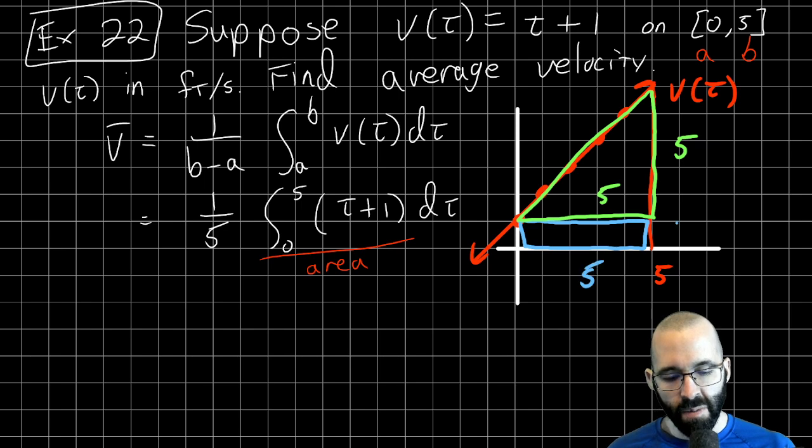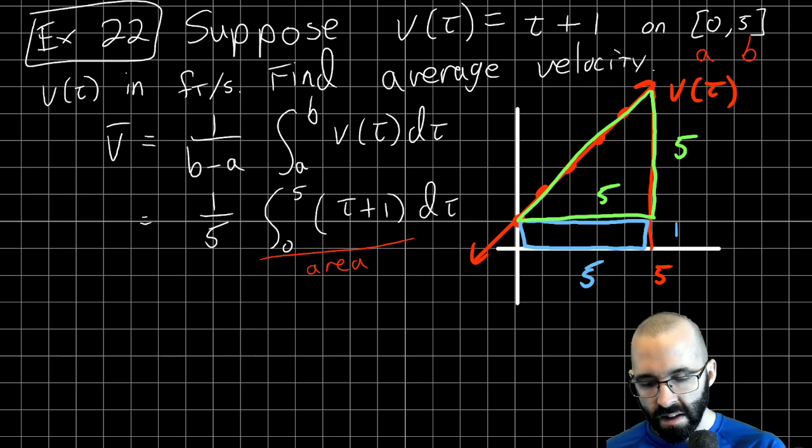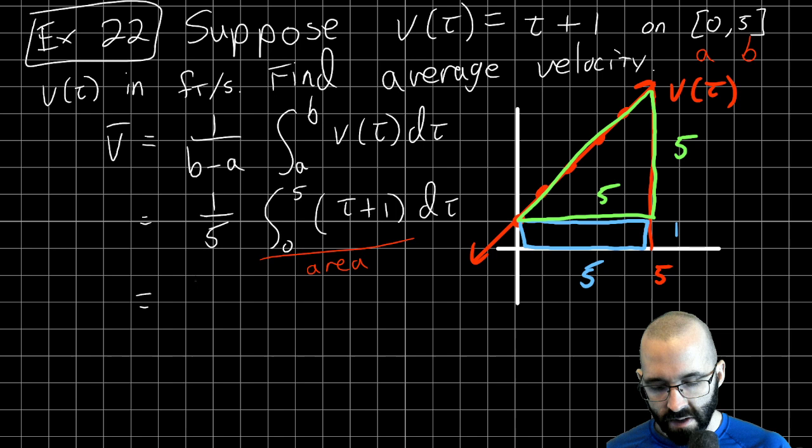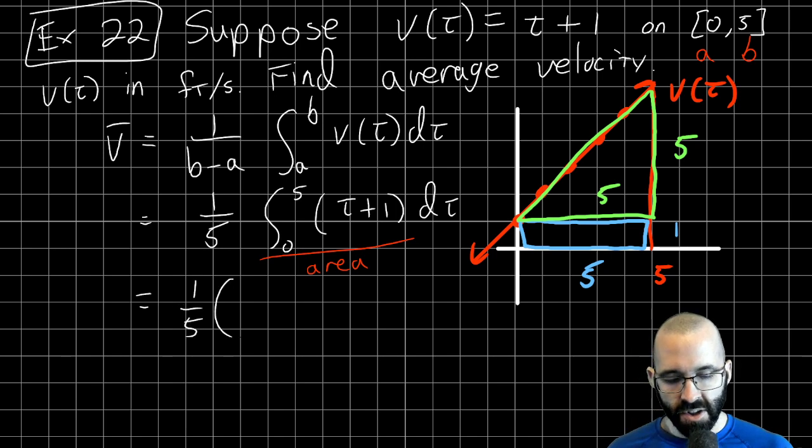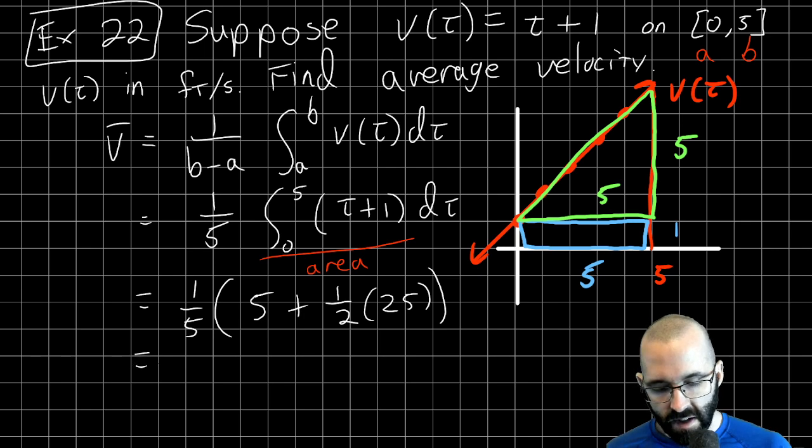The rectangle is 5 by 1. The integral, just the rectangle, which is area 5, plus the triangle, which is 1/2 base times height. So we got 10 halves plus 25 halves. That's 35 halves. 35 halves over 5 is 7 halves, maybe?